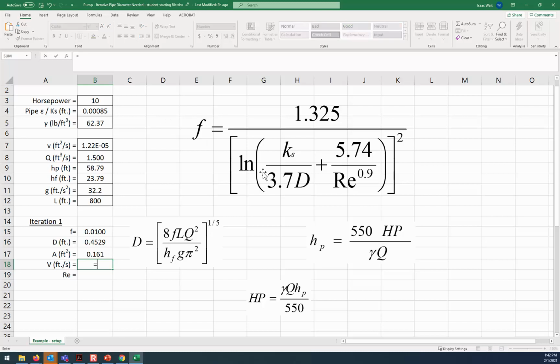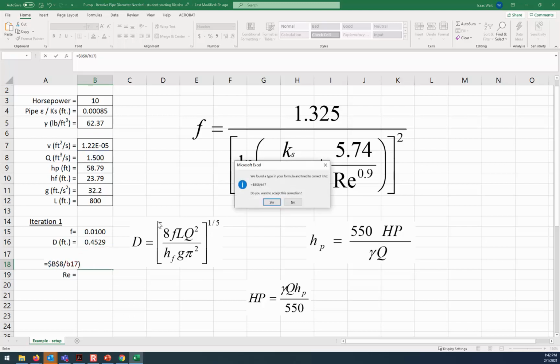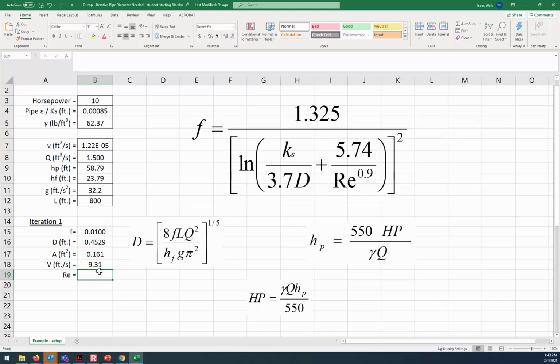And then the flow velocity, Q equals VA, so V equals Q, anchor reference, divided by A. So cell B17. Didn't need that close parentheses. So 9.31 feet per second.